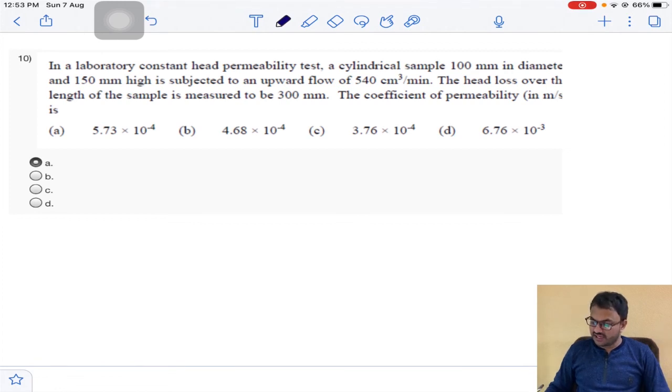So in a laboratory, constant head permeability. Earlier we solved the question related to falling head permeability, but in this question it is constant head permeability.